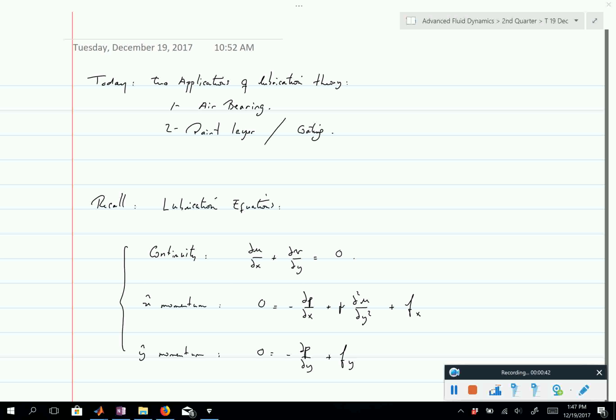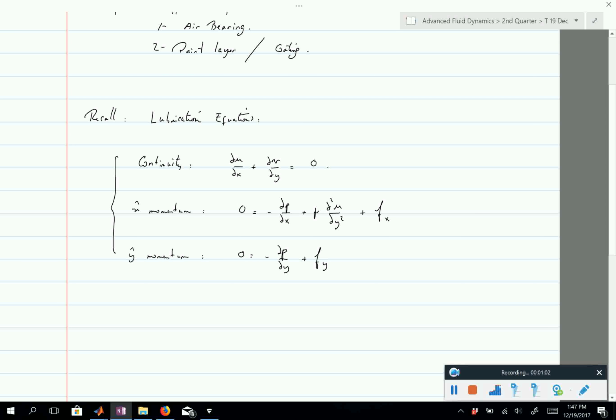We assume that in these cases the effect of inertia is negligible. This is the case if the Reynolds number based on the thickness, times h divided by L, is a small number. And this is what we came to: those are the simplifications of the Navier-Stokes equation for the lubrication approximation.